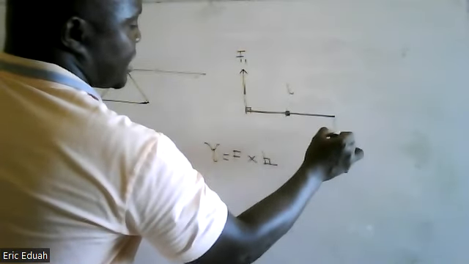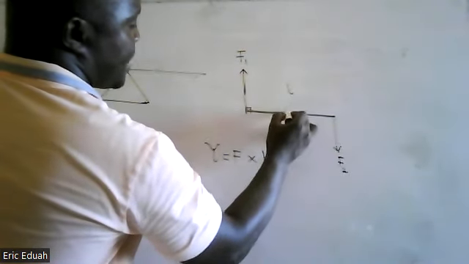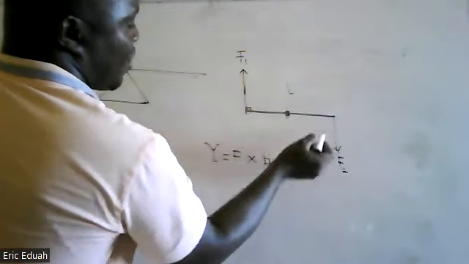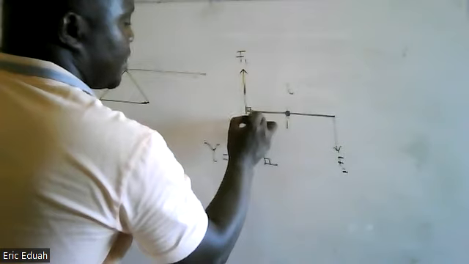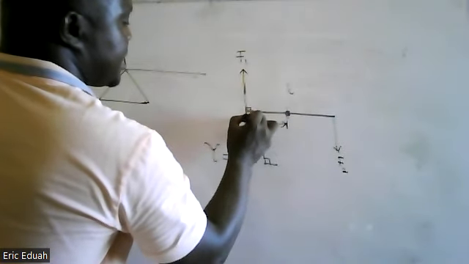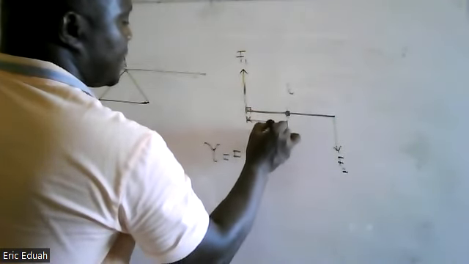Either this times the perpendicular line or the other one, okay? But what is the length of this? This length is equal to half of L.